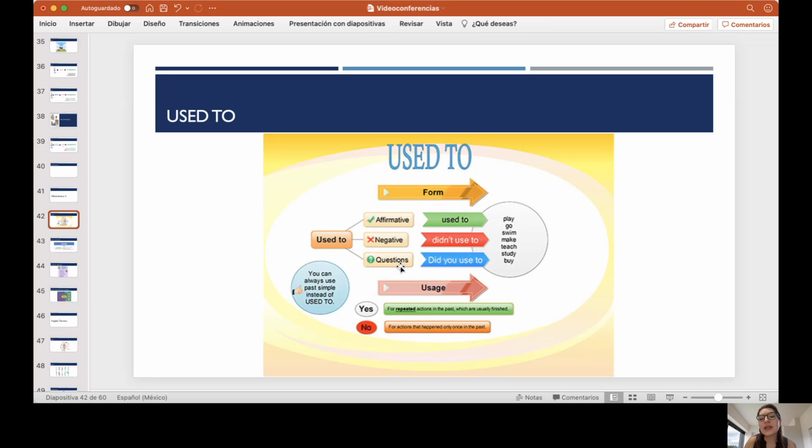The most important characteristic for this is that used to is something that we did in the past, but we're not doing in the present. It's for repeated actions in the past, like a routine in the past. But these things are finished. For example, I used to play with dolls when I was a kid.